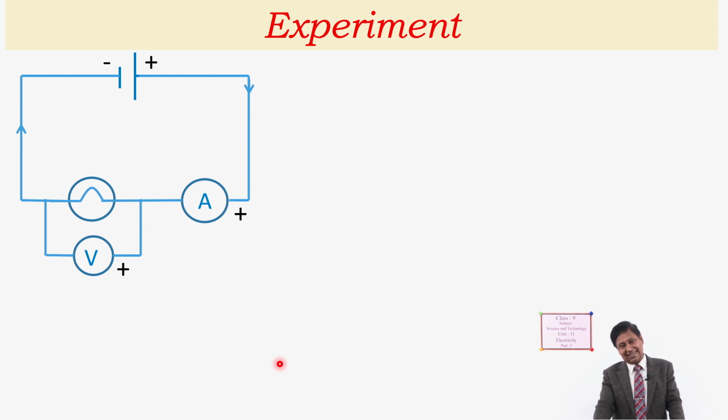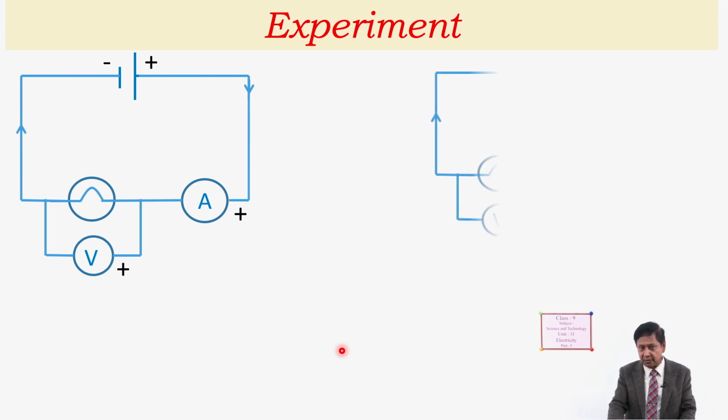Now what we did: actually current is being measured and PD across the bulb is being measured. 2 physical quantities we are going to measure, one potential difference, another current, because we are going to establish the relationship between potential difference and current.